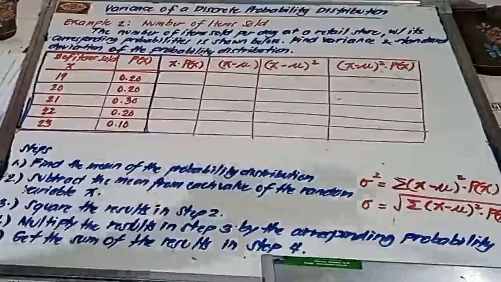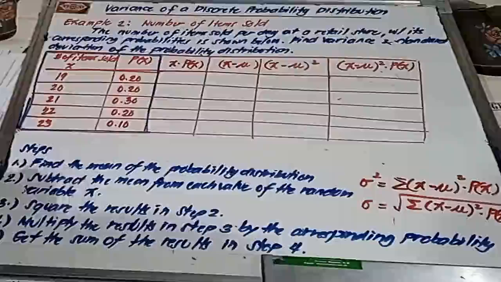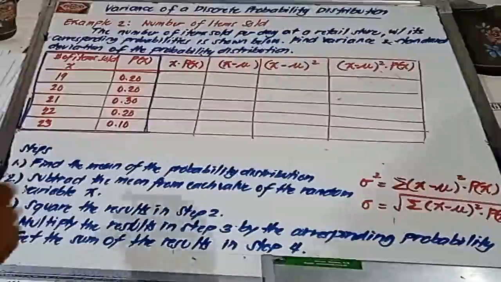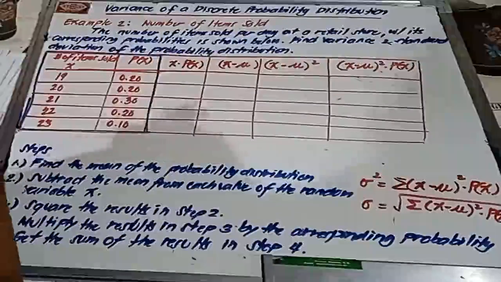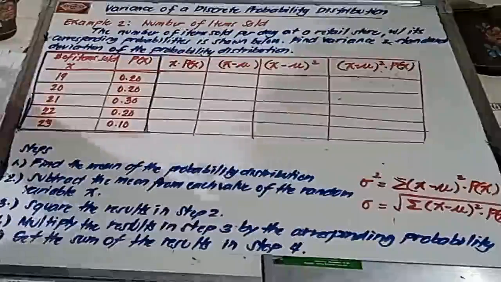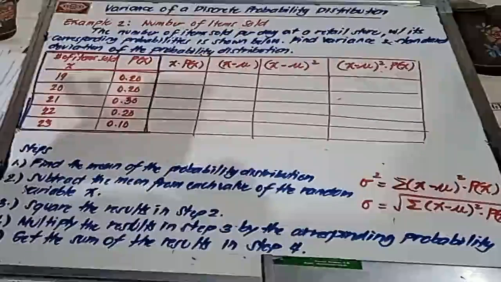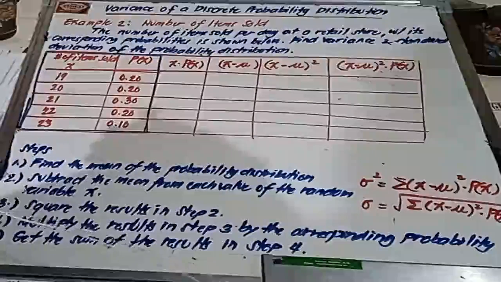Okay? Okay, using this step, the steps we have, number one is we're going to determine the mean of the probability distribution. That is by multiplying the random variable x by its corresponding probability value. So 19 times 0.2, using your scientific calculator, that is equivalent to 3.8.